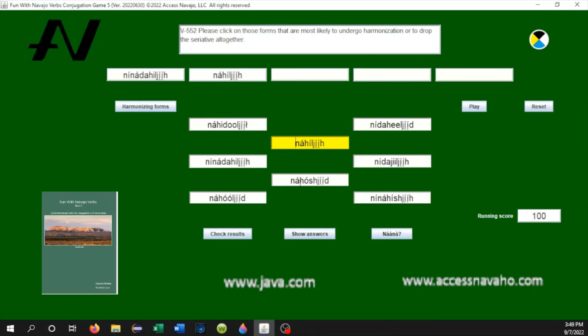This is a long vowel, pre-stem syllable with an outer something to the left of it that can cause it to harmonize, so that would work. And let's see what we've got here. That looks good too.